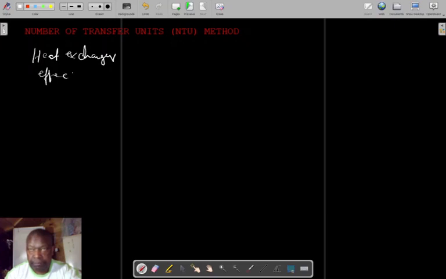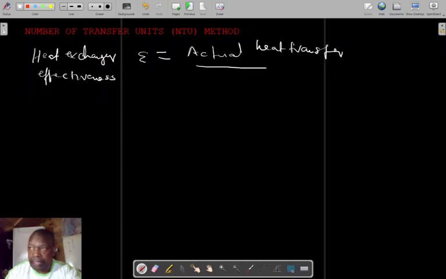We'll start by having a look at what we refer to as heat exchanger effectiveness, denoted by epsilon, which is defined as the actual heat transfer divided by the maximum possible heat transfer.